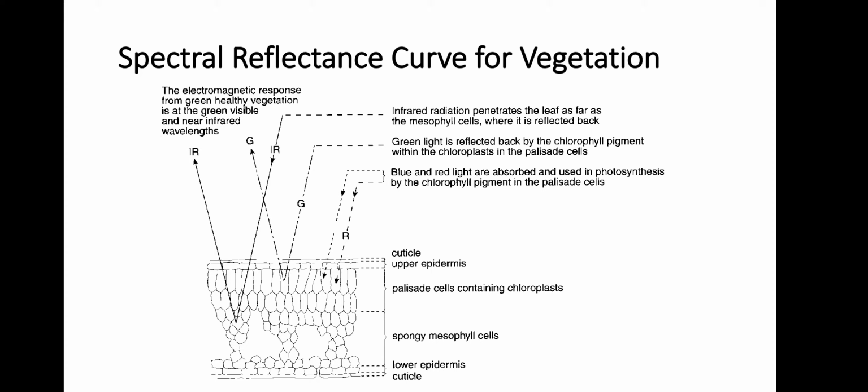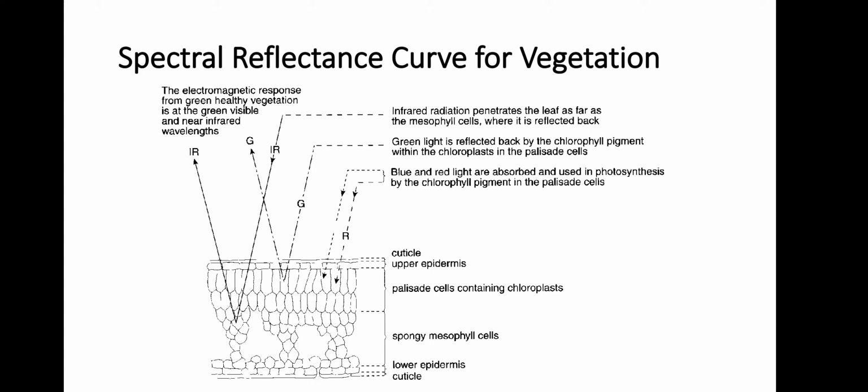The valleys in the visible portion of the spectrum are due to the pigments in plant leaves. The palisade cells contain sacs of green pigment, chlorophyll. Chlorophyll strongly absorbs the energy in the wavelength band centered at 0.45 to 0.67 micrometer within the visible region, which corresponds to the blue and red wavelengths.